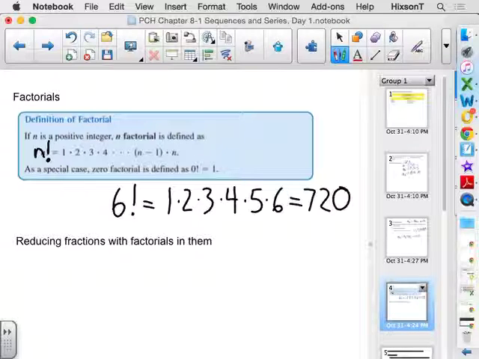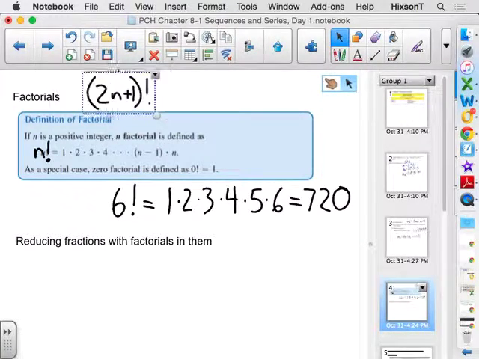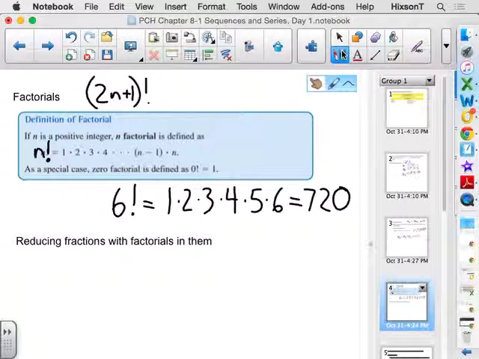The key there is to be careful that, for example, if you had 2n plus 1 factorial, should probably move this over. When you are multiplying that, we really don't know what that equals. So it would be 1 times 2 times, and then you put a dot dot dot.